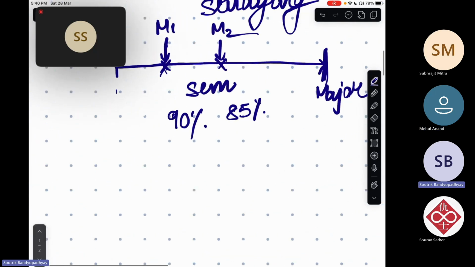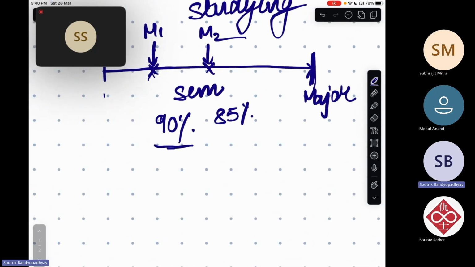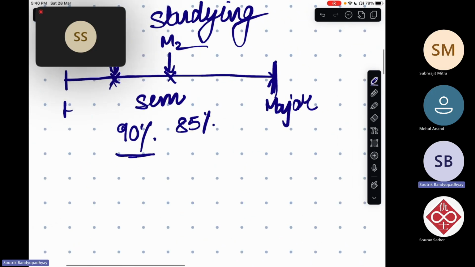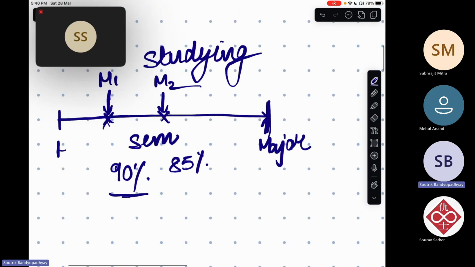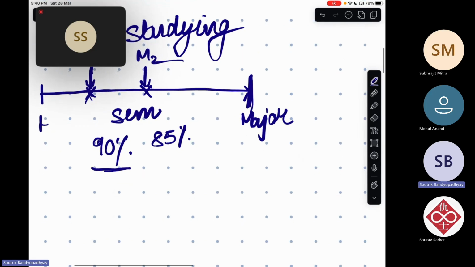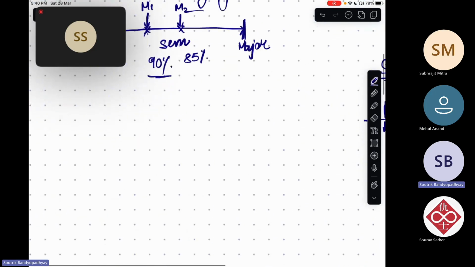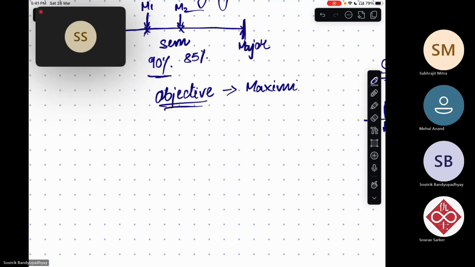You are not getting these signals every day that you study. You just get them at very sparse intervals in time. So after minor one, after minor two, and so on and so forth. Right? Now, the objective of a learner is to maximize the sum of these marks.